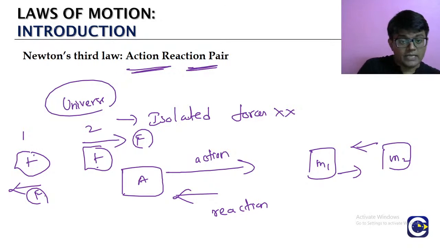This idea of action reaction pair of forces comes from Newton's third law. For every action, we are going to have an equal in terms of magnitude and opposite in terms of direction reaction force.